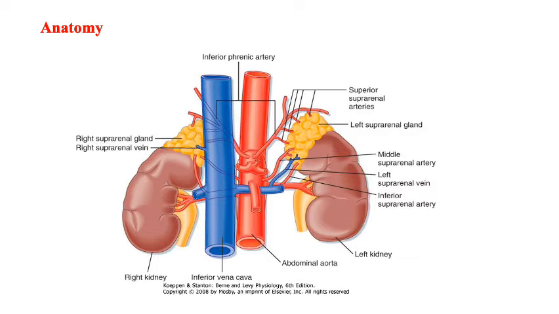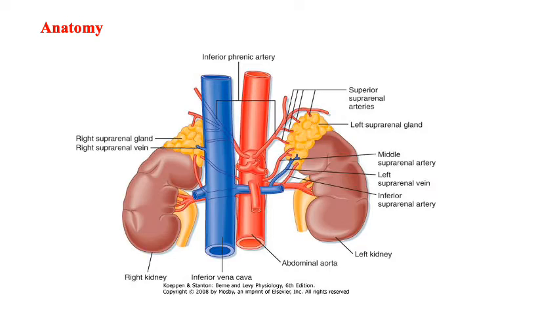On the right side, we have the main adrenal vein that drains to the inferior vena cava, and on the left side, the main adrenal vein drains directly to the left renal vein.